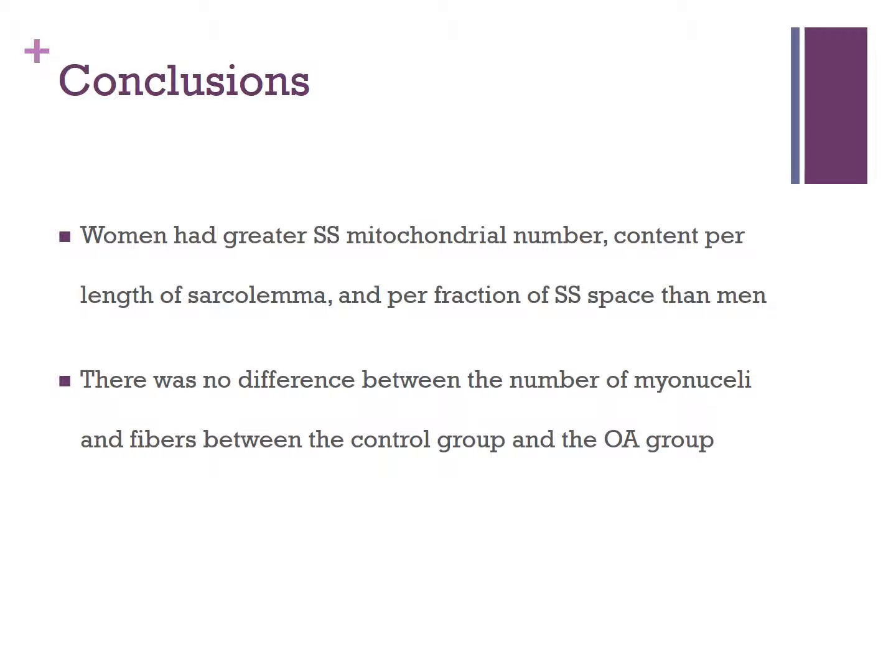Also, despite their hypothesis that there would be a difference in the myonuclear number between the control and OA group, this study actually showed that there was no difference, and that the MHC1 and MHC2 were not affected by muscle atrophy.